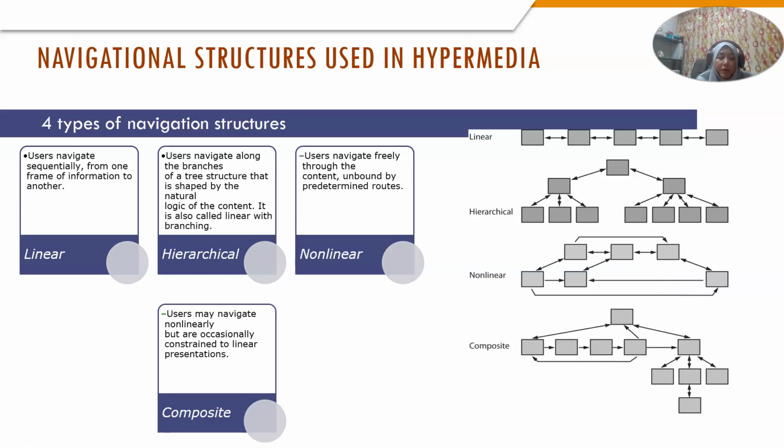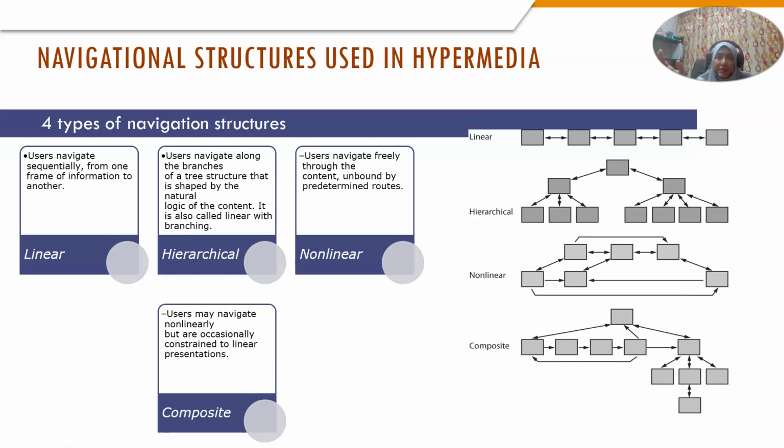The last type of navigation structure is the composite. Users may navigate nonlinearly but are occasionally constrained to linear presentation. So with composite, you can combine linear and non-linear, or hierarchical. For example, this part is the non-linear, and this first one is the linear. You need to go to a certain part.